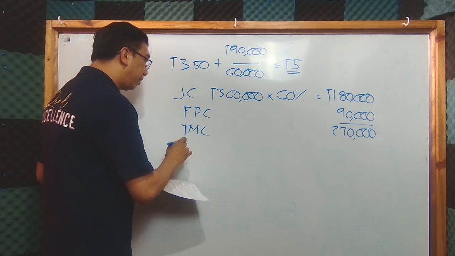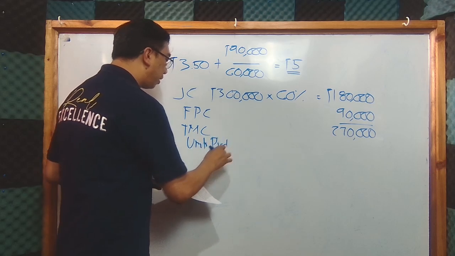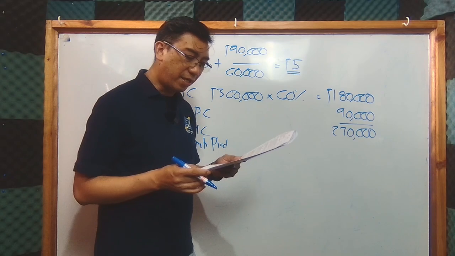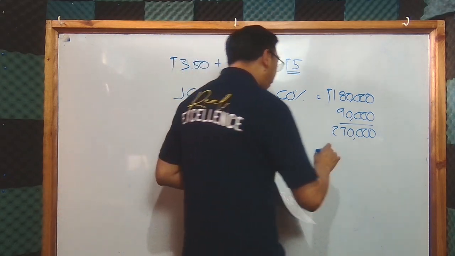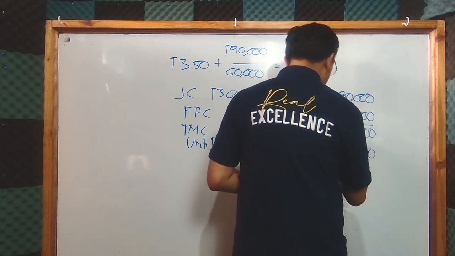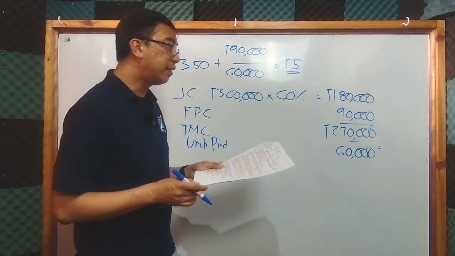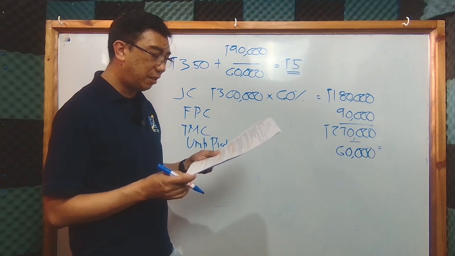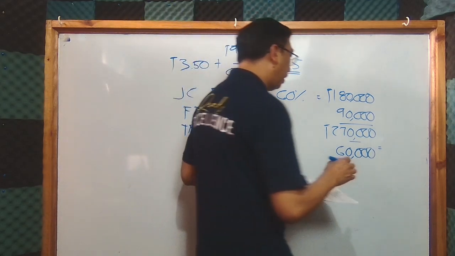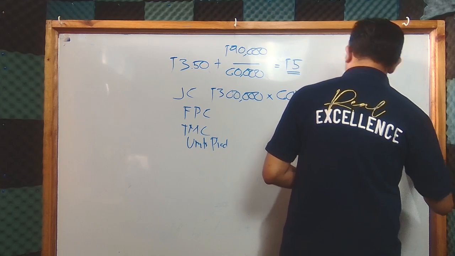So, divide this by the number of units produced, the remaining goods units. How many units produced do we have? 60,000, right? So, 270,000 divided by 60,000 units will give us the unit cost. That is 270 divided by 60, which gives us a unit cost of 4 pesos and 50 centavos. Okay, 4 pesos and 50 centavos.